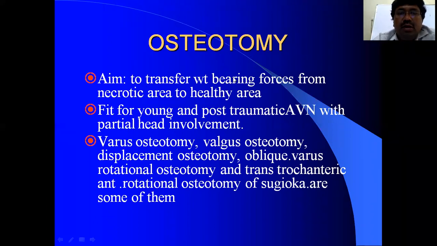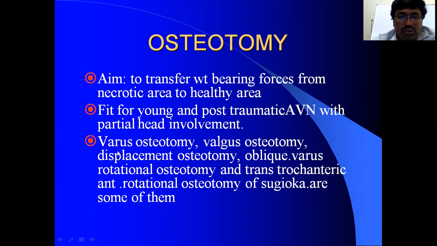The aim of osteotomy is to transfer the weight-bearing forces from the necrotic area to the healthy area. So if the patient is a young fellow, we can definitely try osteotomy. For young patients and post-traumatic avascular changes with partial head involvement, we can try osteotomy.